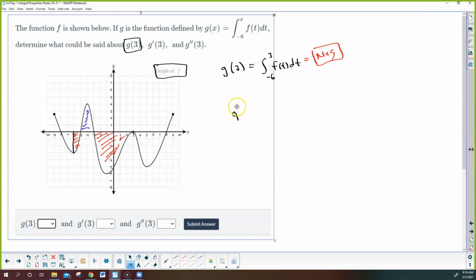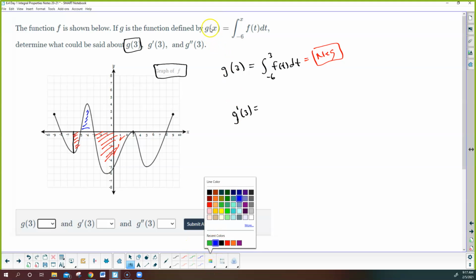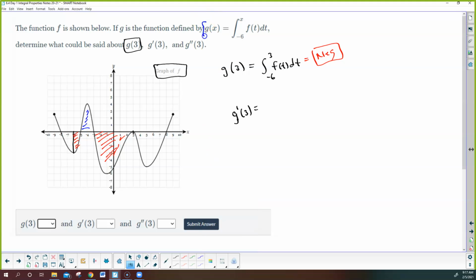Then they're asking me to find g prime of 3. Well, what is that? That means I have to understand what g prime is equal to. So I'm going to take the derivative of this side.